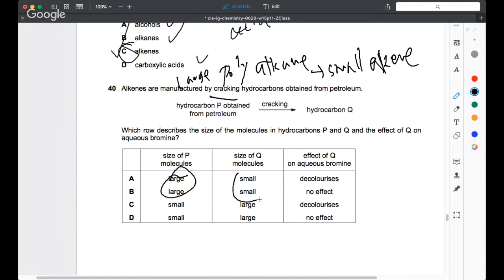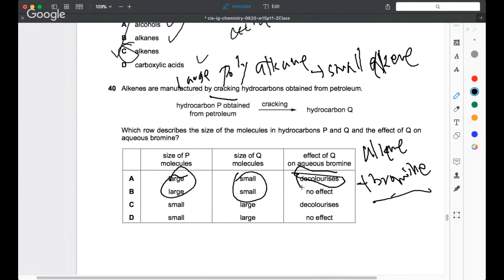So A and B, and we know that alkene reacts with bromine for bromination. That will decolorize the bromine because the bromine molecules are reacted. So go from large to small, and alkene decolorizes the bromine. So the right choice is obviously A.